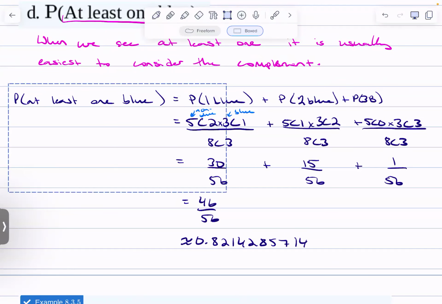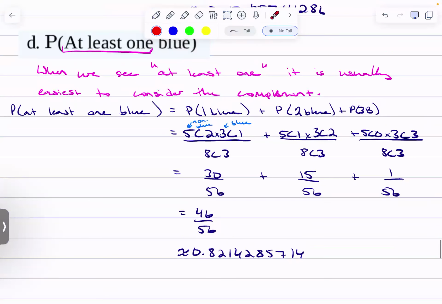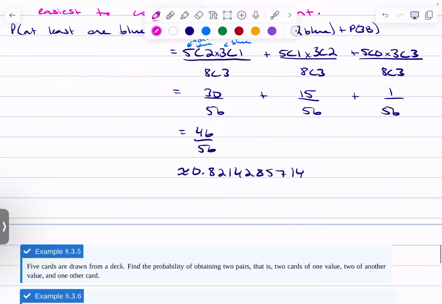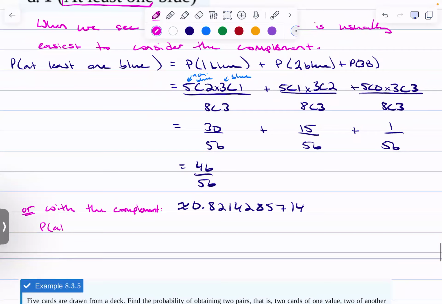I'm gonna try to keep it on this one page here. So when you see at least one, this is the correct way of doing it, but this is a lot of work. And so with the complement, what you get is the probability of at least one blue.